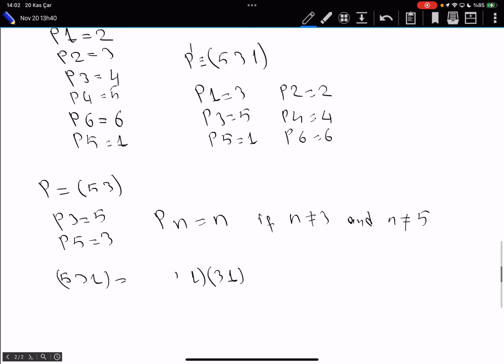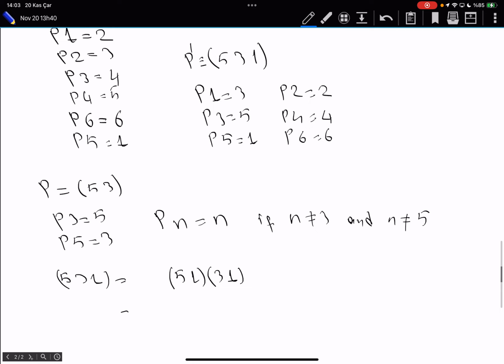So this is 1, 5. Yes. So if I give this product 1, it will make it a 3. If I give it 2, it won't do anything. If I give it 3, the first exchange will convert it to a 1, the second exchange will convert it to a 5. If I give it a 5, the first will not do anything, the second will convert it to a 5.